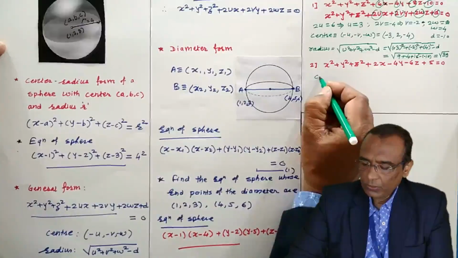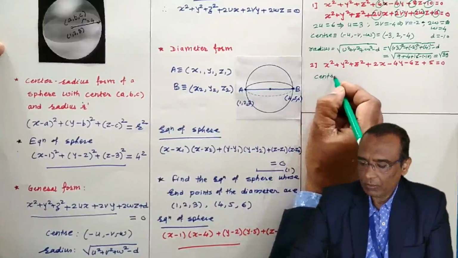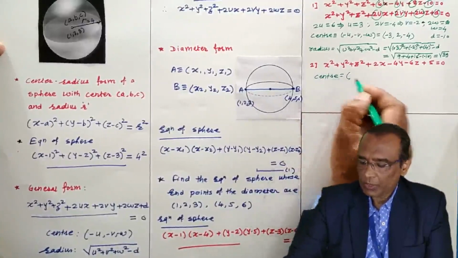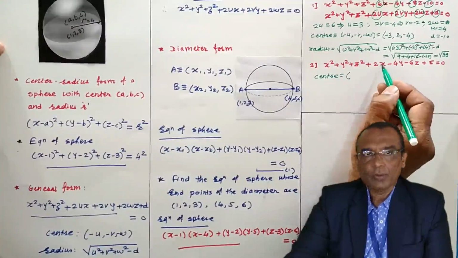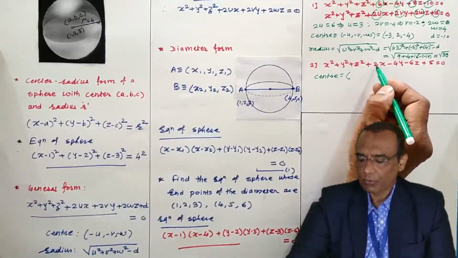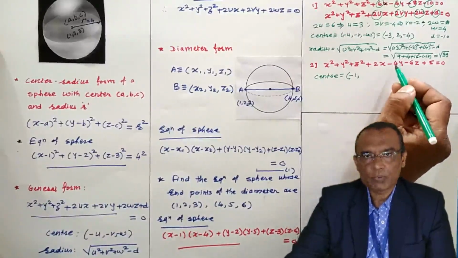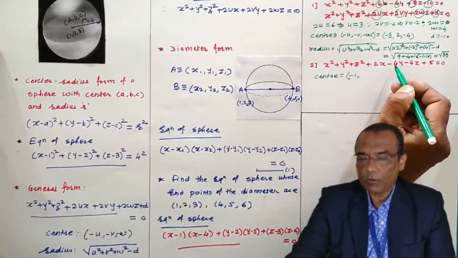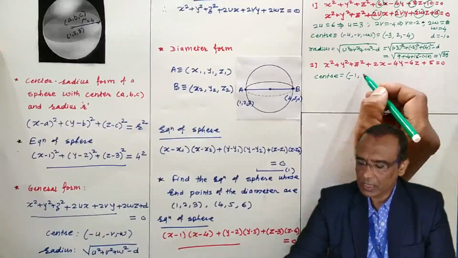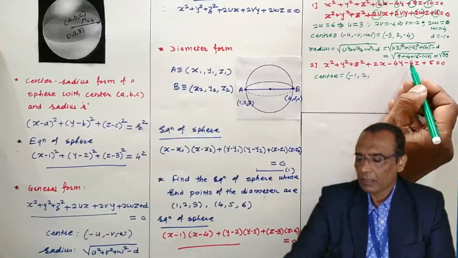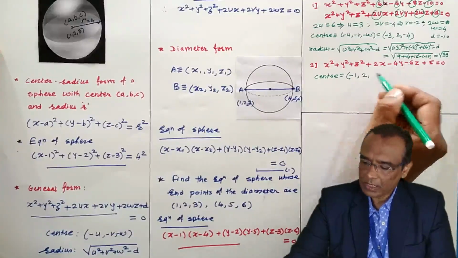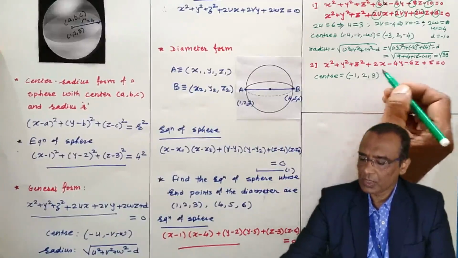Here I am going to find the center of the sphere directly now. The coefficient of x is 2, half of 2 is 1, and change the sign. The coefficient of y is minus 4, half of minus 4 is minus 2, and change the sign. The coefficient of z is minus 6, half of it is minus 3, and change the sign. This is the center.